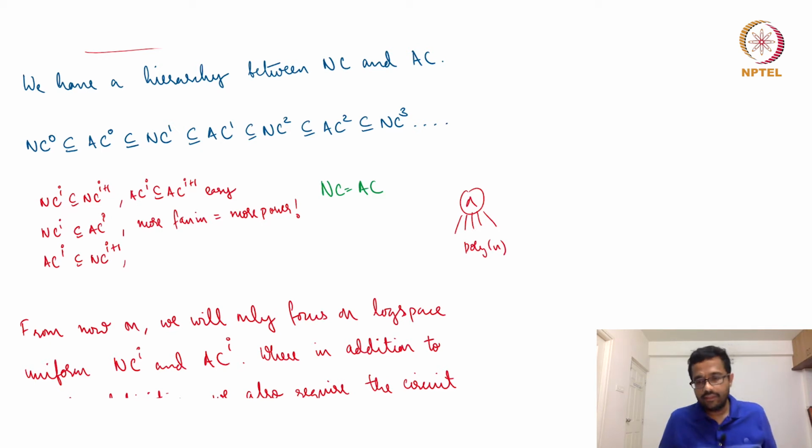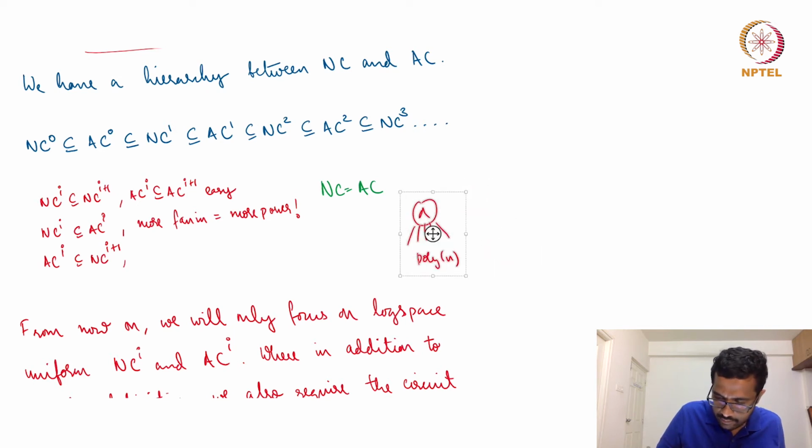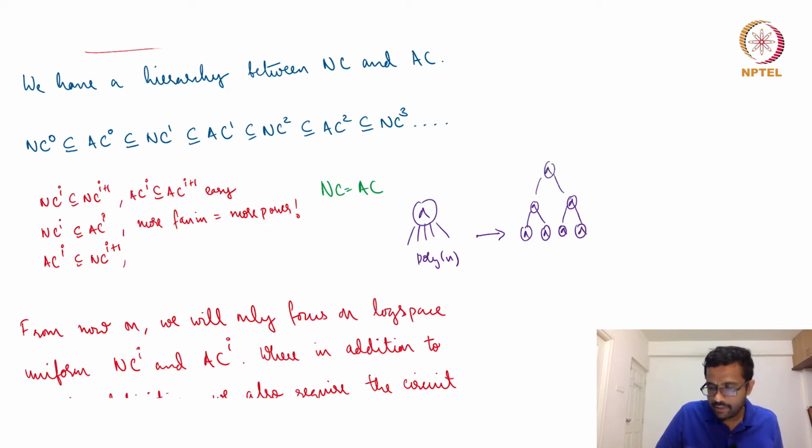What we can do is we could replace this gate with a tree of sorts, something like this, a tree of fan-in 2 gates, which would actually be computing the AND again, right? So we could replace it with a tree.